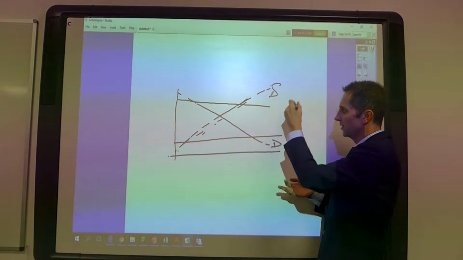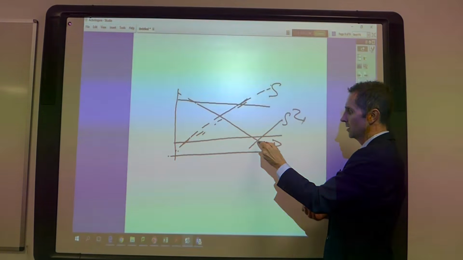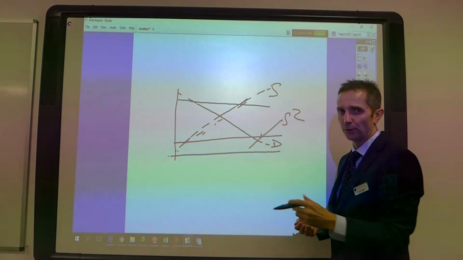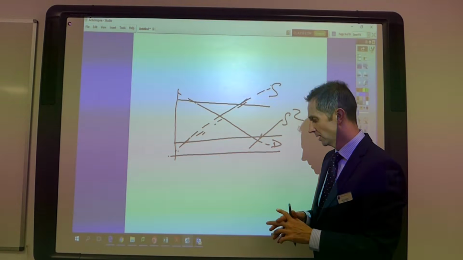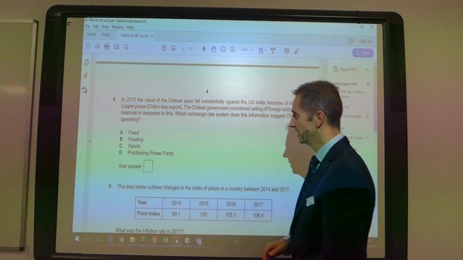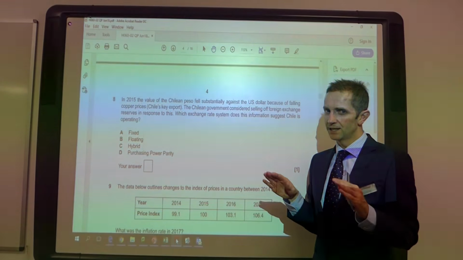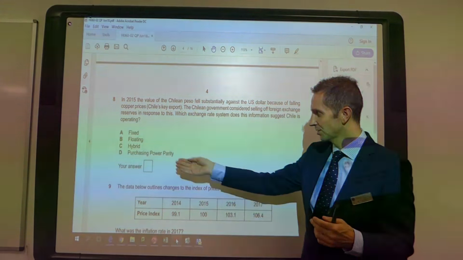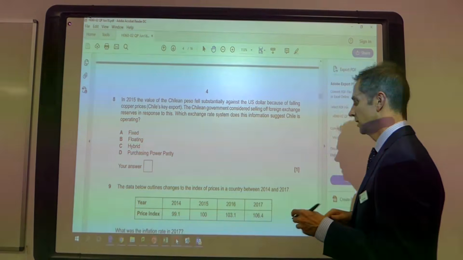However, should, for example, the supply all of a sudden shift here to S2, which is clearly beneath the lower floor, that requires government intervention. And so that's the hybrid situation. And that's really what is being described here, about the Chilean government intervening, and consequently the answer here is 8C for that one. Okay, 9.